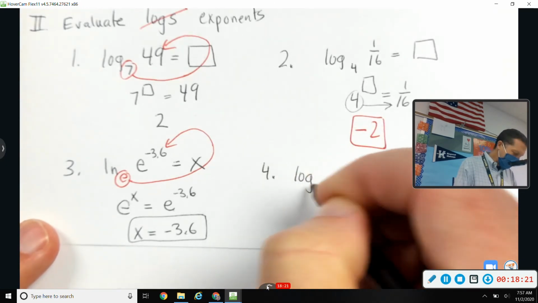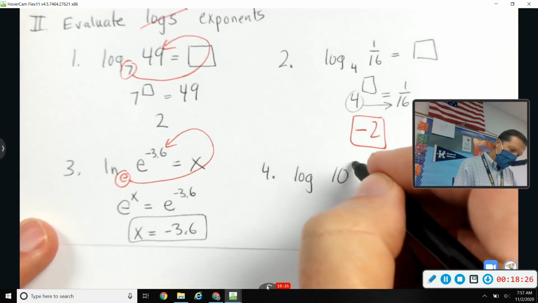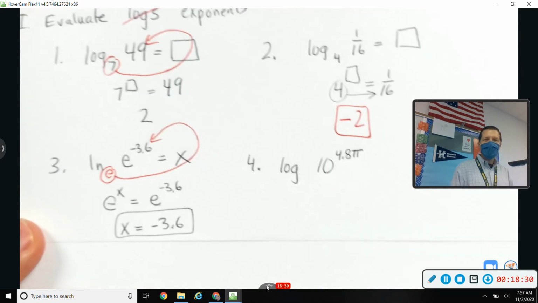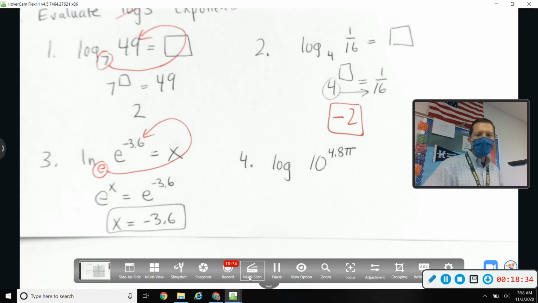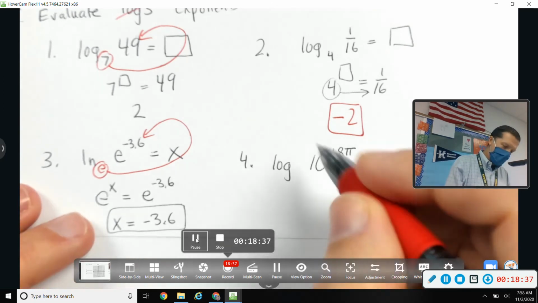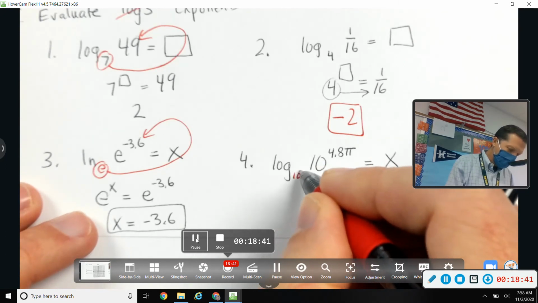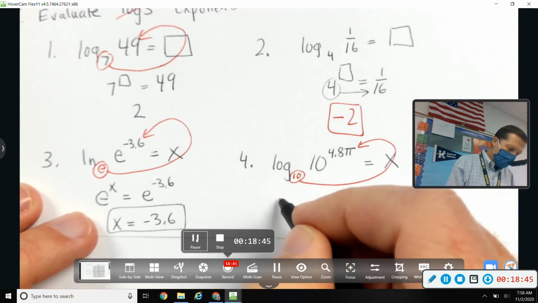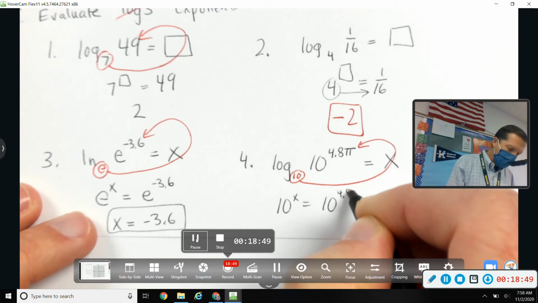Speaking of that, the log of 10 to the 4.8 pi. Well, that looks terrible, but do the fish hook and see what you get. Again, the missing base is what's important here. There's a 10 there. So 10 to the x equals 10 to the 4.8 pi.